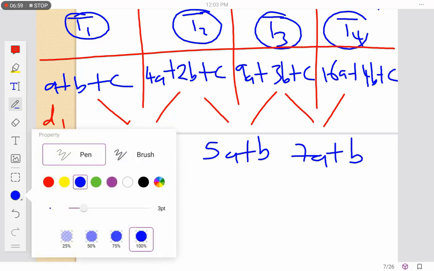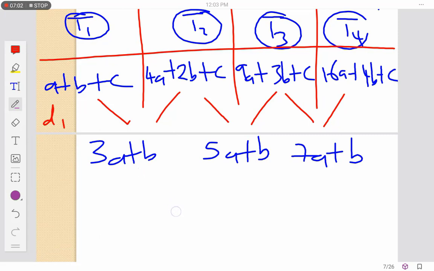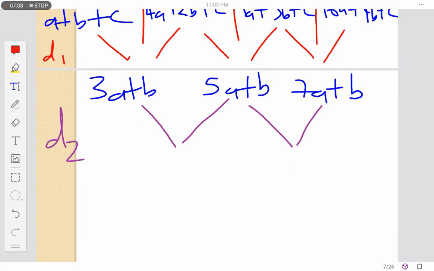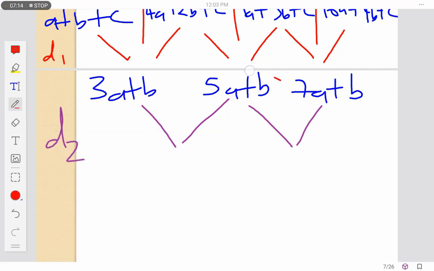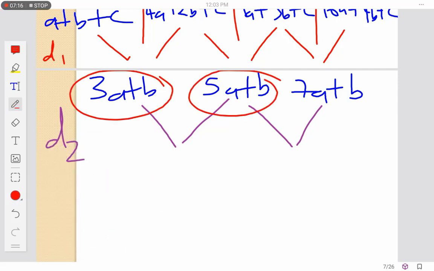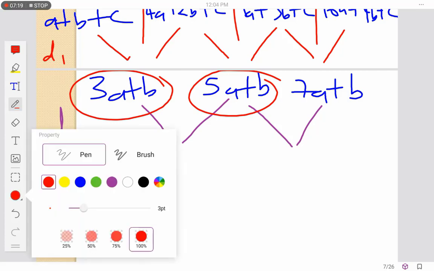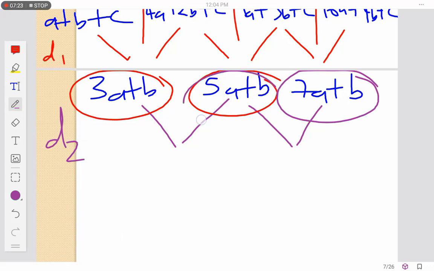Now we want to find the second difference, this one. This is D2, the second difference. Finding the second difference means I'm subtracting this one minus this one, and when I'm done, I'll go on to the next one and subtract this one minus this one.